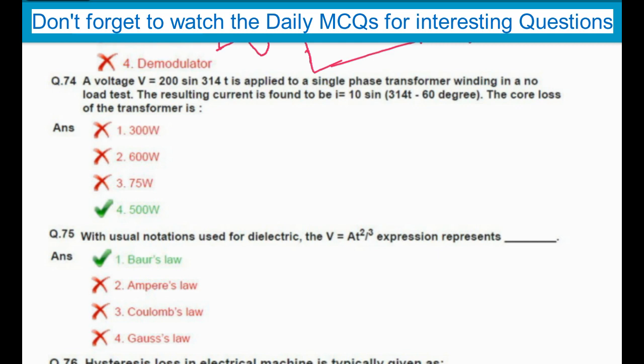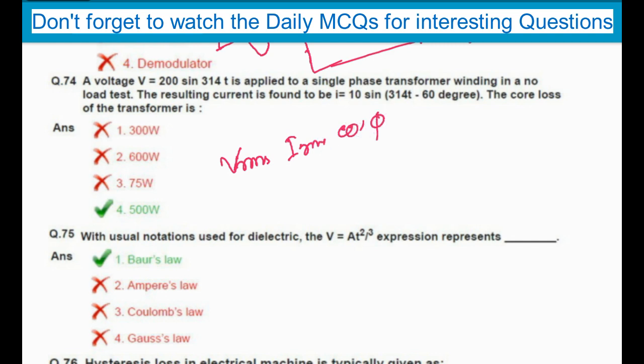So here in the open circuit test or no load test, the whole power drawn is consumed as the core loss. So the active power loss can be given as Vrms into Irms cos phi.